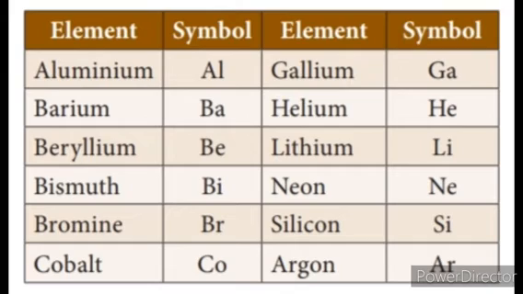So we can easily identify them, avoiding confusion. Bismuth is Bi, neon is Ne. And if the first 2 letters of the names of elements are the same, then the symbol consists of the first letter and the second or third letter of the English name that they do not have in common.